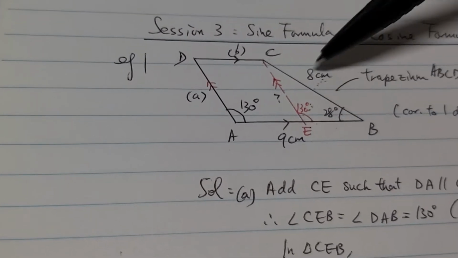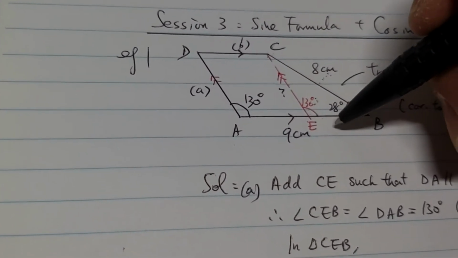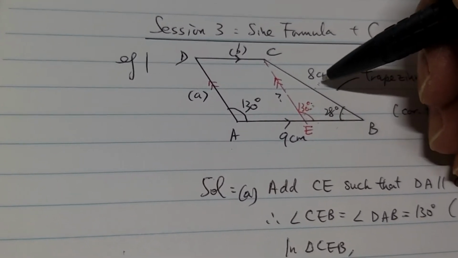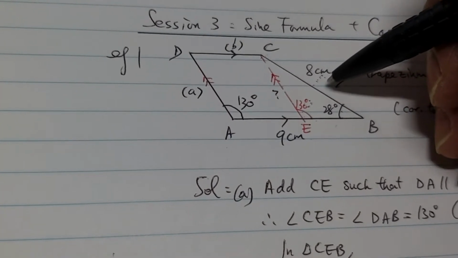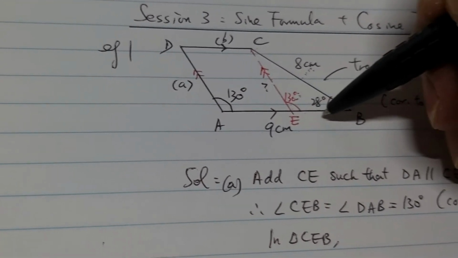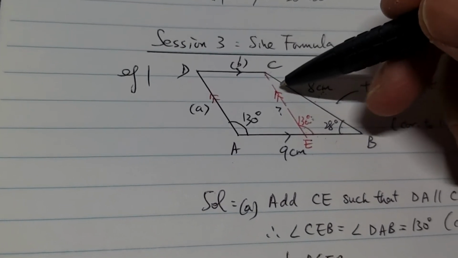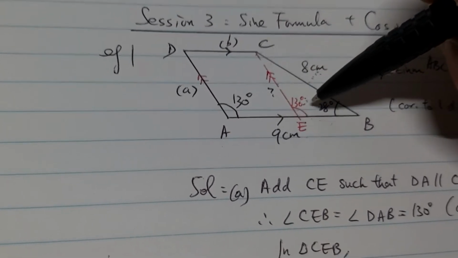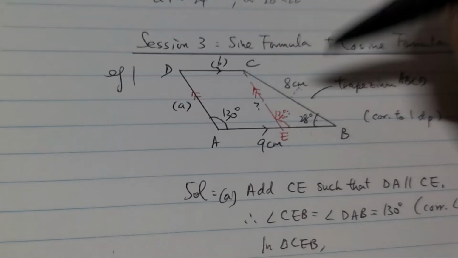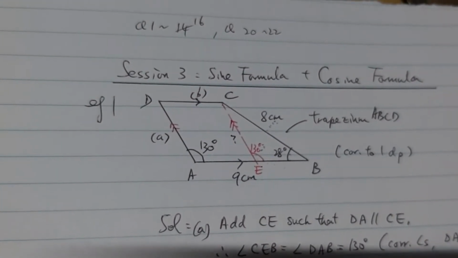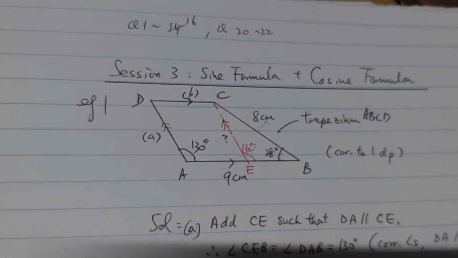So again, x, the corresponding angle of x is 130 degrees. The angle opposite BE we can calculate by the angle sum of a triangle. Therefore, we can find angle BCE now.